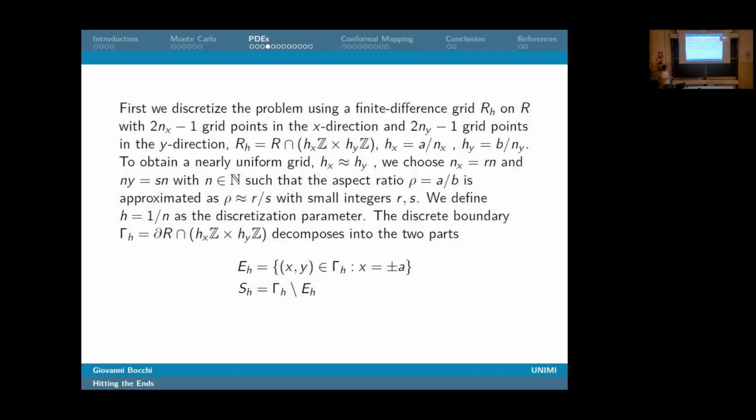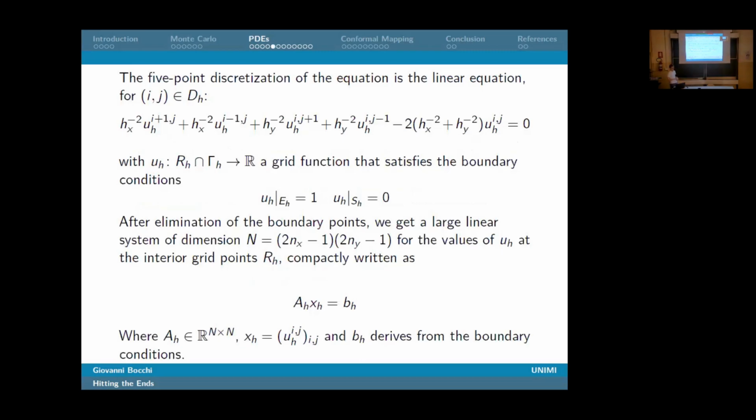That also decomposes into two parts, so the discrete ends, the points in the discrete boundary where x is equal to plus or minus a, and the discrete sides as the complement. So we have everything now. We need to solve the problem numerically because we will discretize also the equation using what is called 5-point discretization.